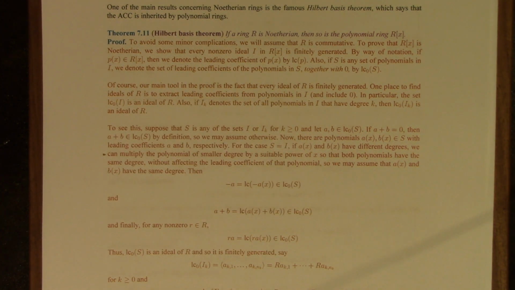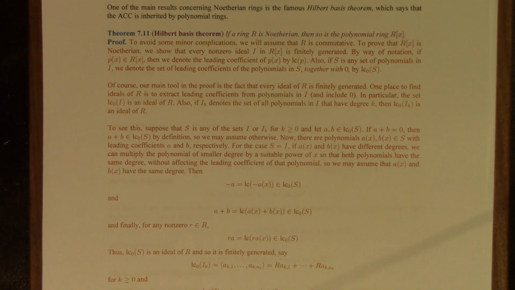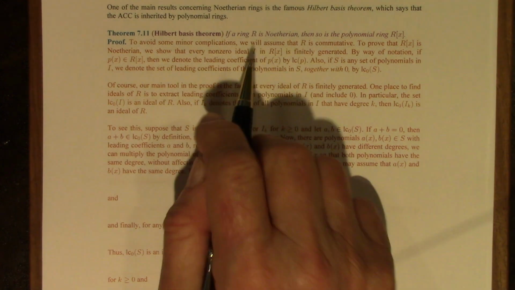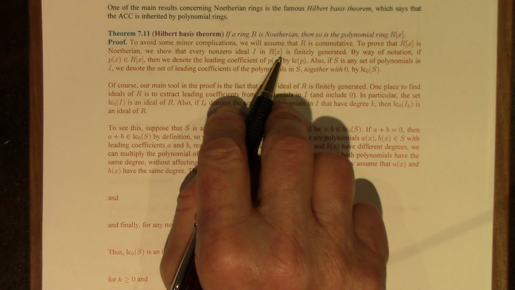First of all, to avoid some really minor complications, but annoying ones, we'll assume that R is commutative. To prove that R square bracket x is Noetherian, we will show that every non-zero ideal I in R square bracket x is finitely generated.